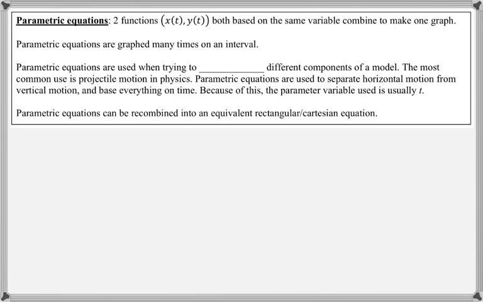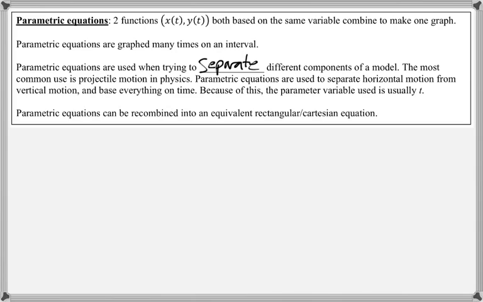Also, parametric equations are graphed many times on an interval, and they are used when trying to separate different components of a model.